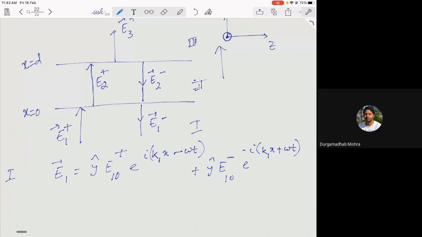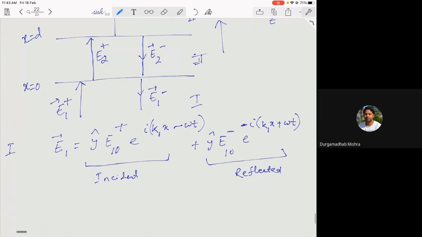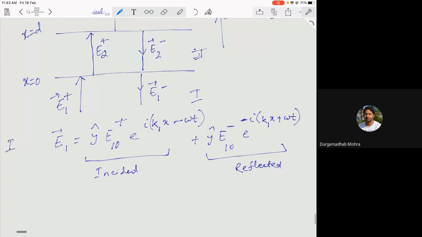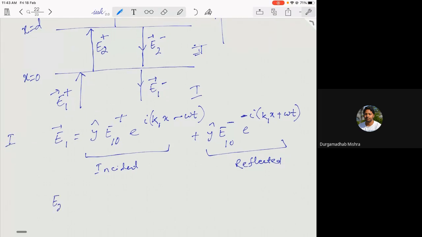Remember why I'm doing that: this represents the incoming or incident wave, and this is your reflected wave. That's why this minus i comes here. You can write these for all three media in exactly the same way.